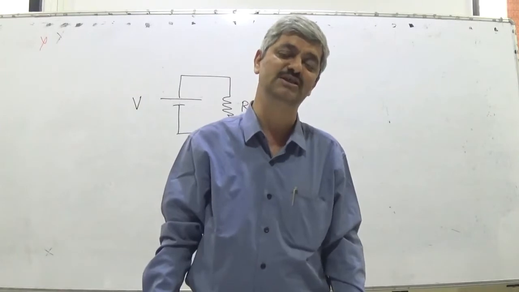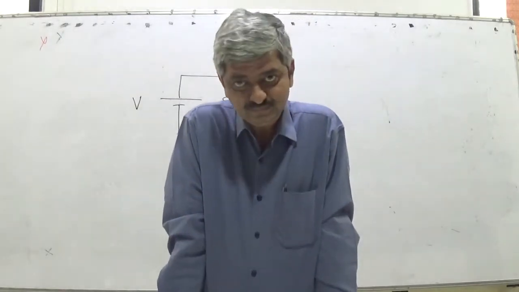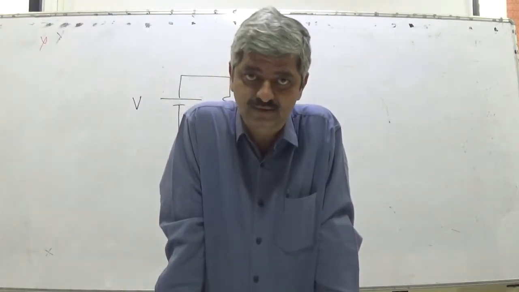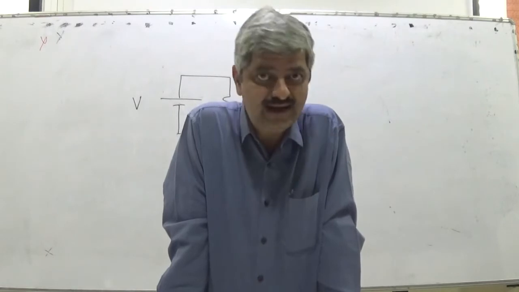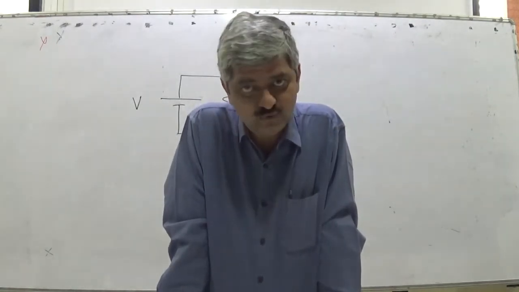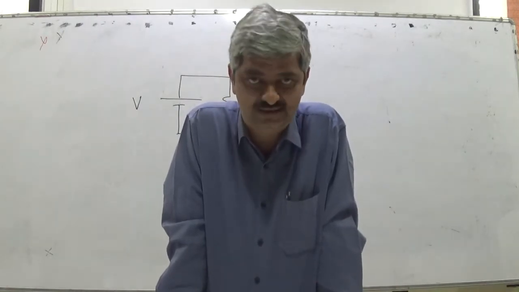Many of you may not know, it is kWh, kilowatt hour. So the unit of energy is watt hour, where hour is time. Watt is power. So watt second, joules, like that.